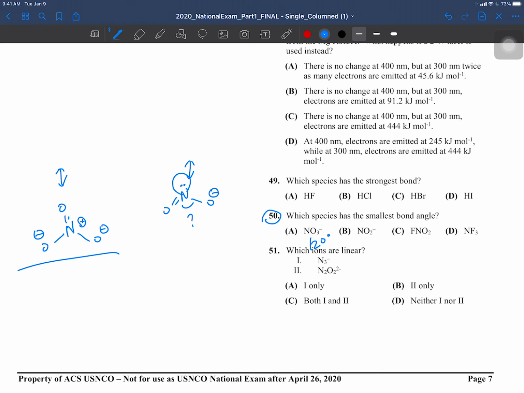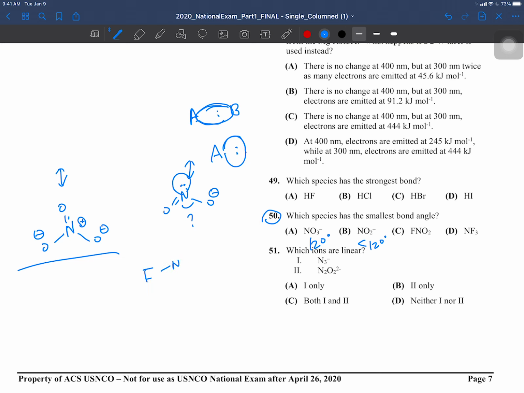Yeah, the lone pair is larger in size compared to a bonding pair, and it's more repulsive, right? How to interpret that a lone pair is larger in size? Think about a bonding pair: it is attracted by 2 nuclei, so it's a little bit slim, and a lone pair is only attracted by 1 atom, so it's a little bit fat, right? So this one can give a larger repulsive force to the other bonding pairs. So this one is supposed to be smaller than 120.